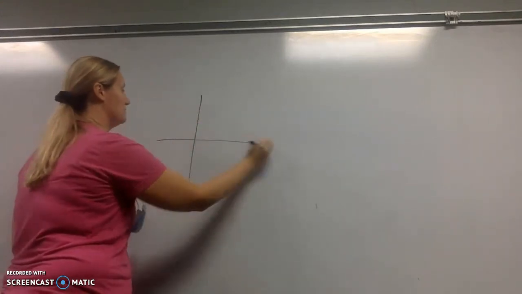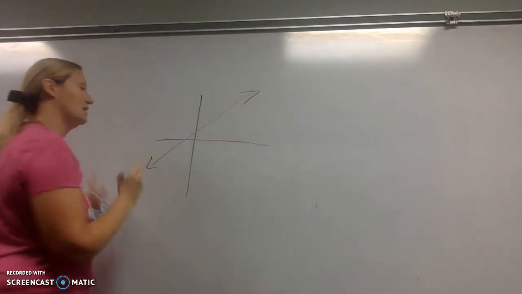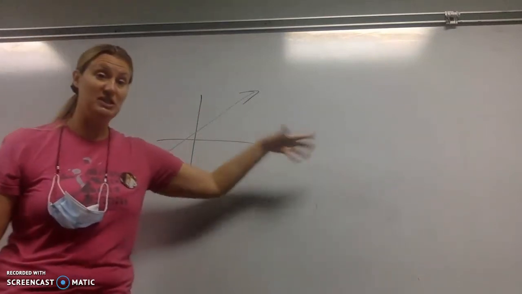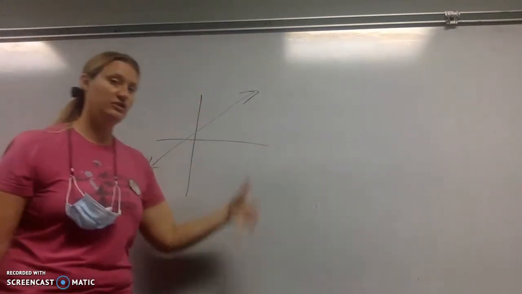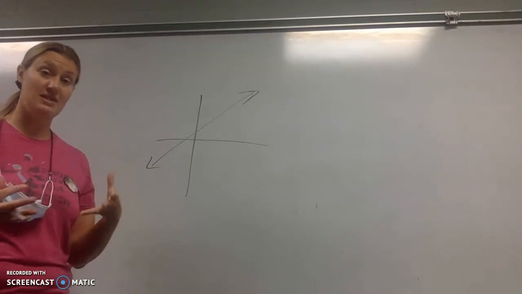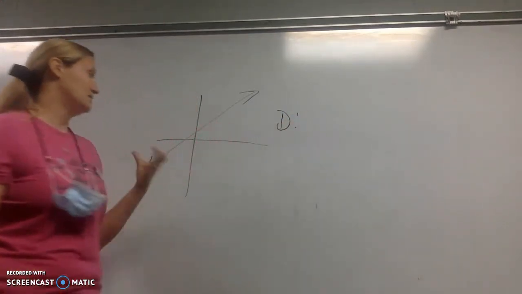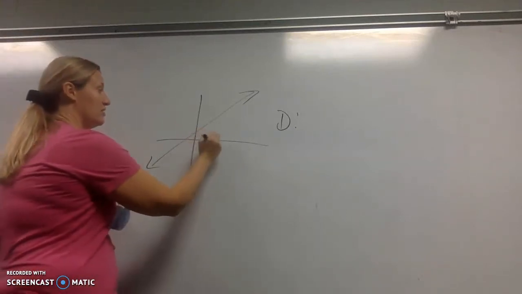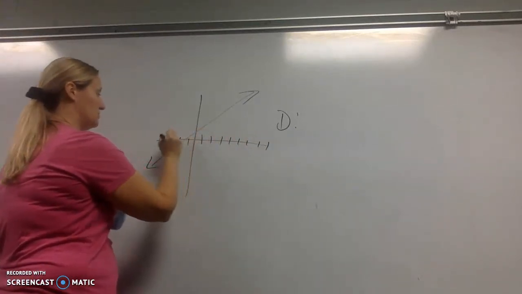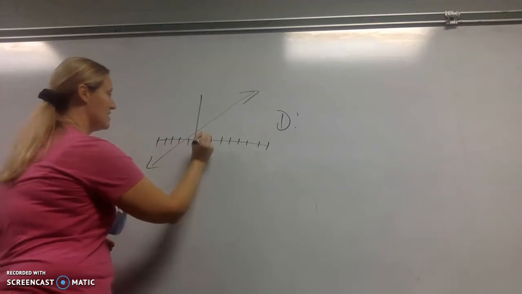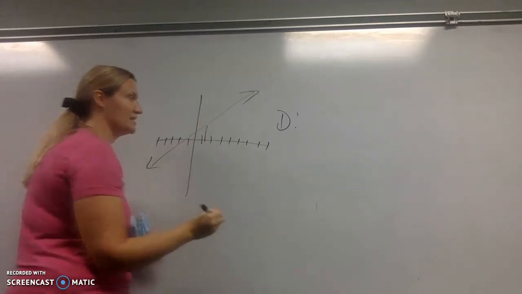If I'm looking at a graph though, so if I'm looking at a line, this line goes forever, which means there are infinitely many x values and there's infinitely many y values. So we're going to have to write this in set builder notation. Our domain, our x values. Can our x values be any number? Yeah, they can be positive, they can be negative, it can be a fraction, it can be a decimal.